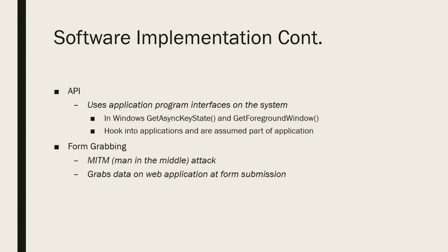The next type of keylogger is an API keylogger. This uses the application program interfaces that are on the operating system itself. Just for example, in Windows, GetAsyncKeyState and GetForegroundWindow are the two APIs that are most commonly used to sniff or pull the keys that are being typed on the keyboard.